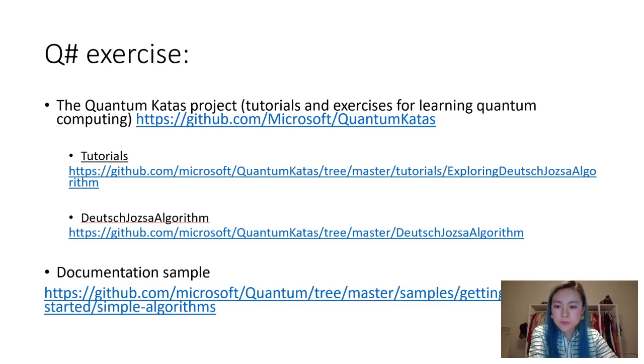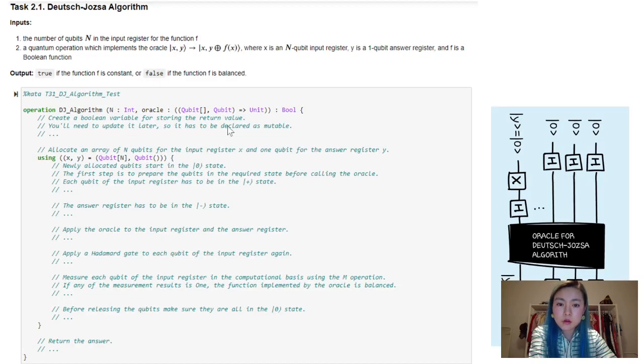And then if you just look at the tutorial, how to set up the Deutsch-Jozsa algorithm, it's actually very straightforward. All it's asking you to do is to use code to set up this circuit. And the usefulness of the code is that as you grow your number of qubits, you wouldn't want to draw all of your qubits out, but you can just use the Q# language, use code to directly write out.